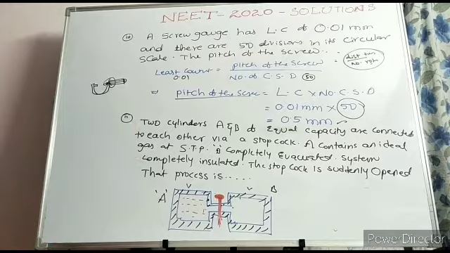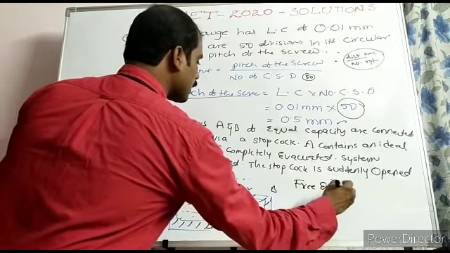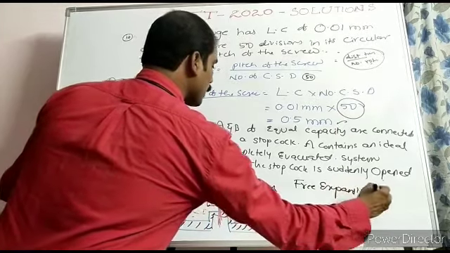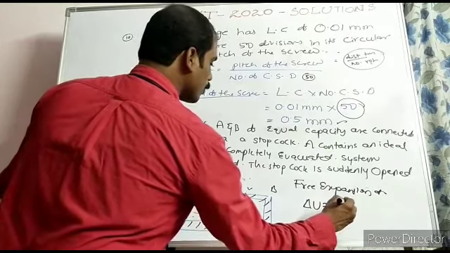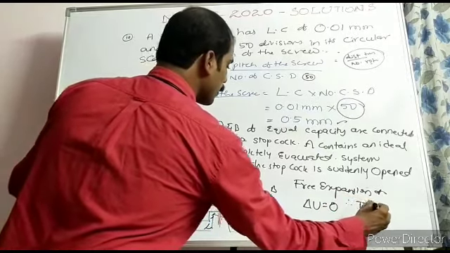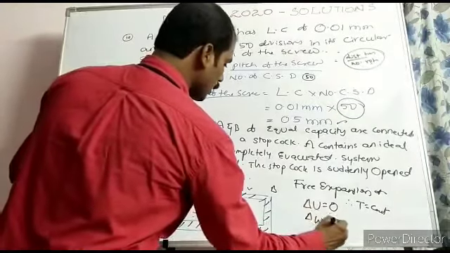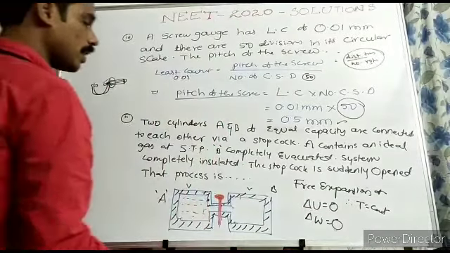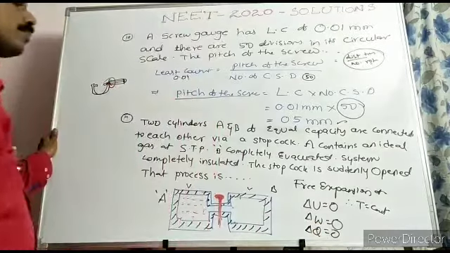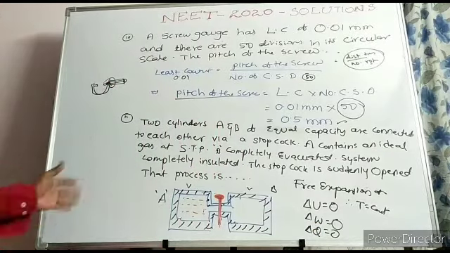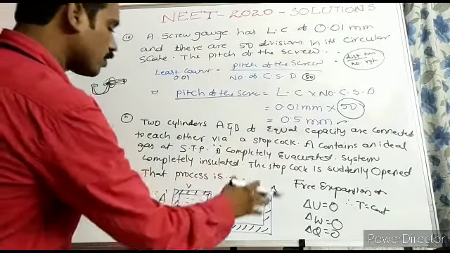This process is called free expansion of gas. In this situation, delta U is equal to 0, therefore temperature is constant, as well as delta W is equal to 0, and delta Q is equal to 0, as the system is completely insulated.